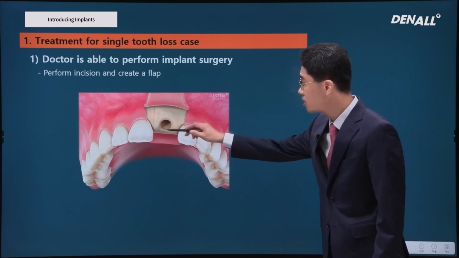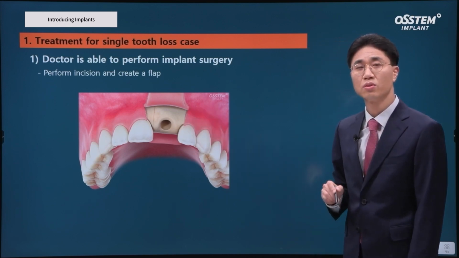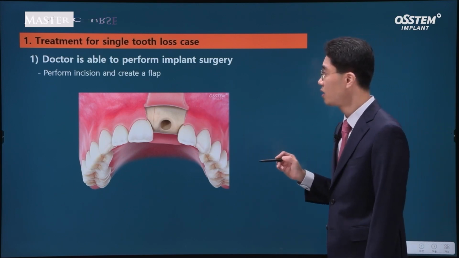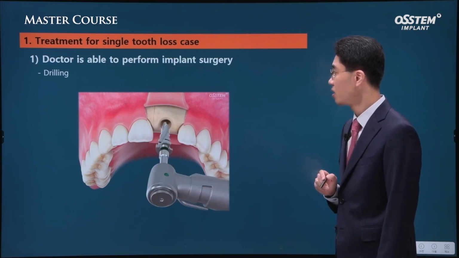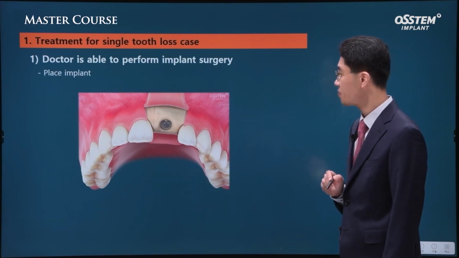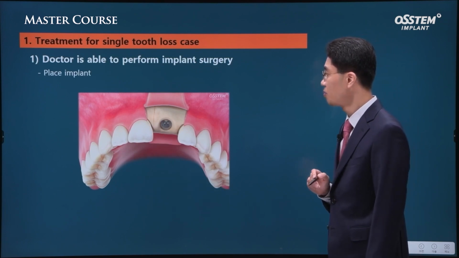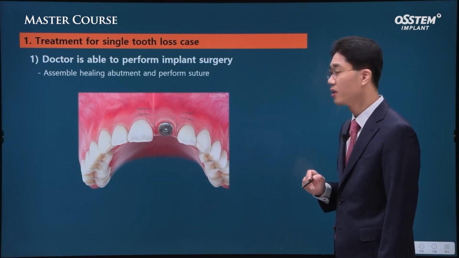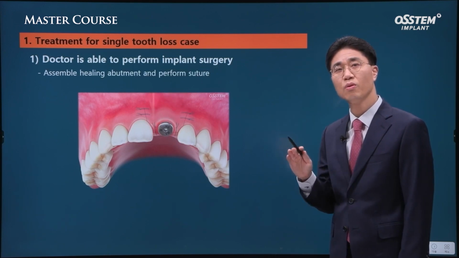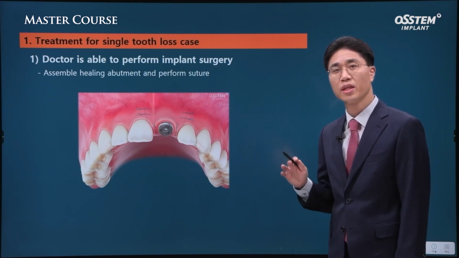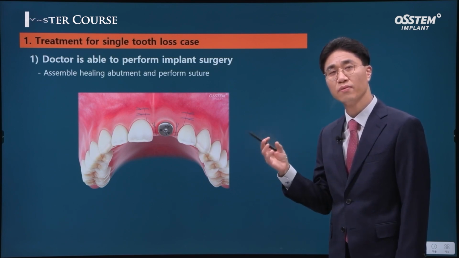In an area with missing teeth, a drill is used to prep the alveolar bone and an artificial tooth is placed, or the implant is placed. After the implant is placed, we can proceed with treatment in two stages. We can submerge the implant and do secondary surgery.